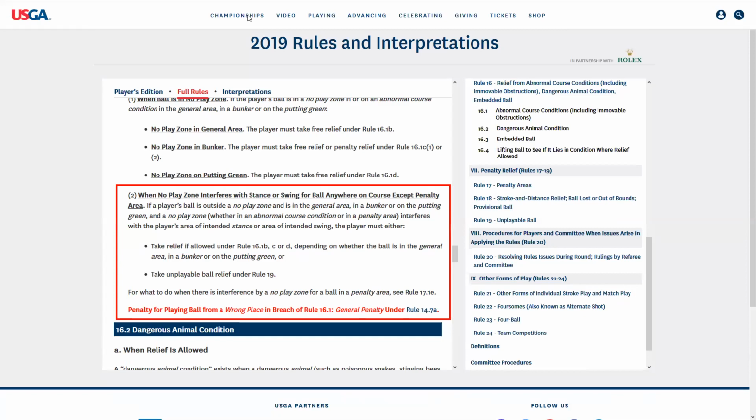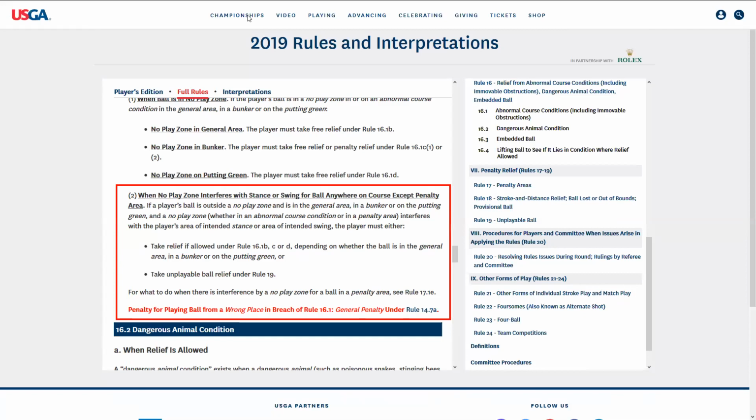The first example is the player's ball is in the abnormal course condition. Relief is mandatory. They have to take it because it's a no-play zone. If it's 1 foot outside the abnormal course condition no-play zone, they're going to have to take relief. Why? Because their stance would be standing in it.